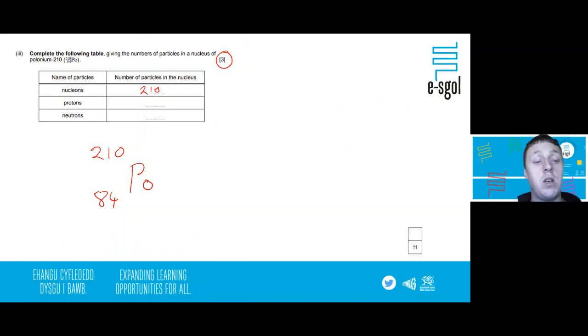The number value on the bottom of 84 corresponds to the number of protons, the proton number, which would be the number of protons inside the nucleus, which would be 84 in this question.